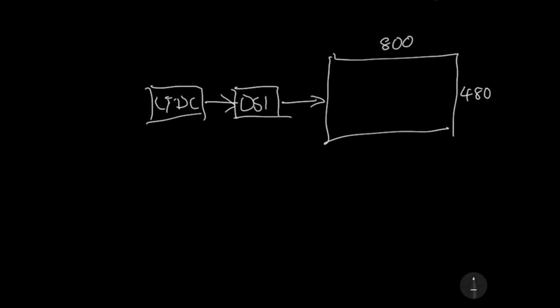Now, with the data that we're actually going to be displaying on the screen, that is actually going to be sitting in RAM. And one of the things that we discussed during the last episode was actually getting the SDRAM up and running using the FMC peripheral so that we could have enough space to be able to store the data that we need for the screen.